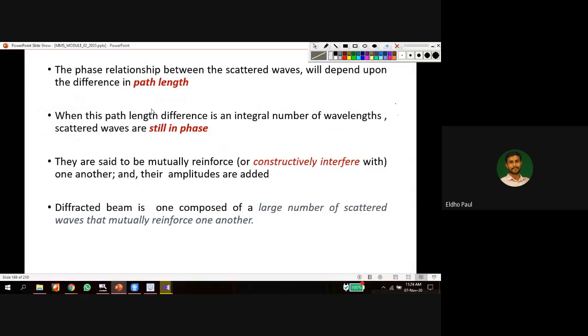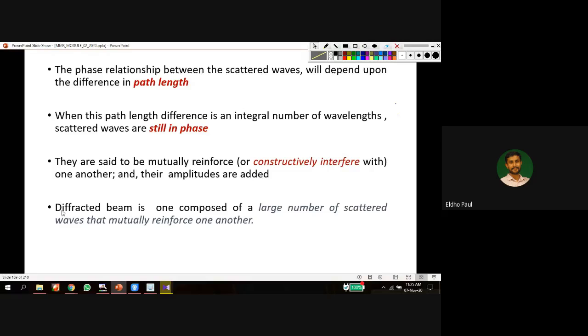So when the path length difference is an integral number of wavelengths, the scattered waves are still in phase. They are said to be mutually reinforced, or to constructively interfere with one another, and their amplitudes are added together. A diffracted beam is one composed of a large number of scattered waves that mutually constructively interfere with one another.